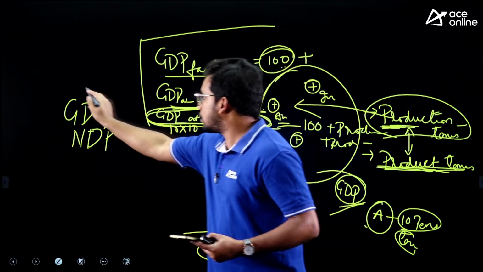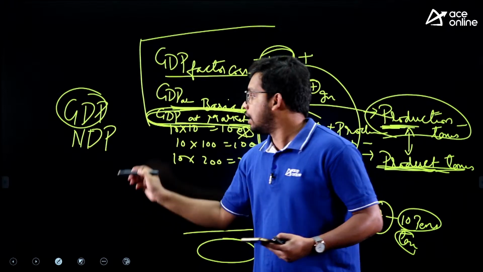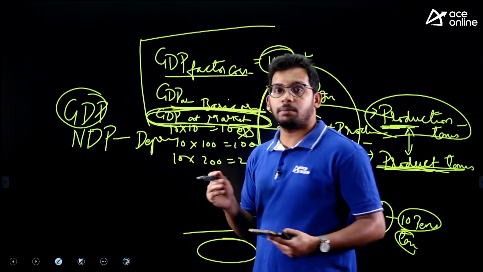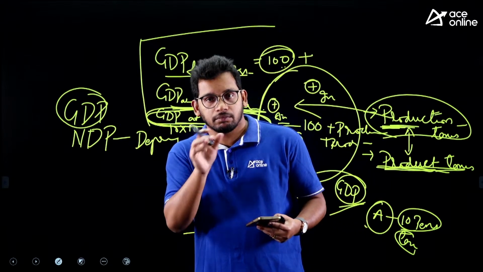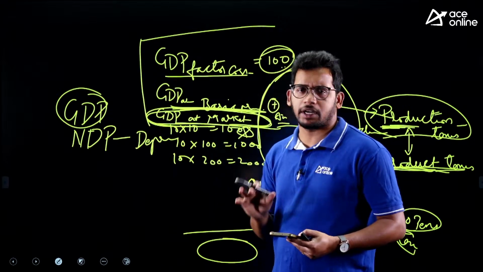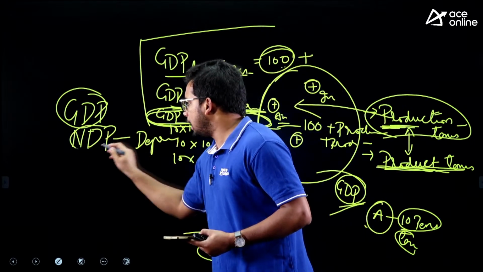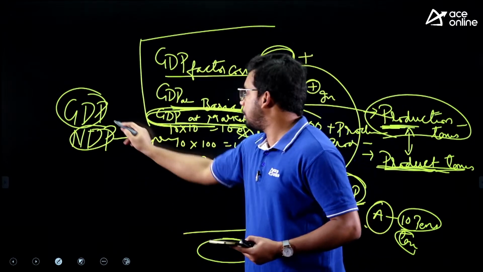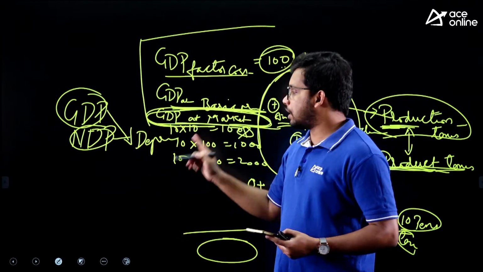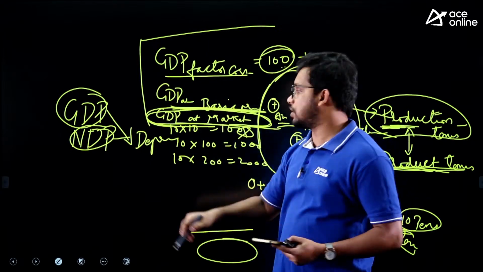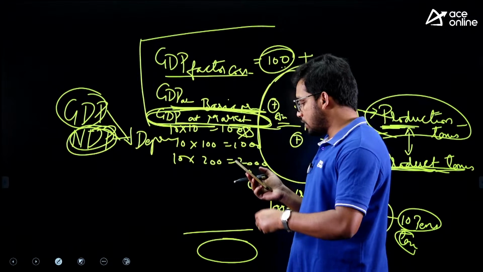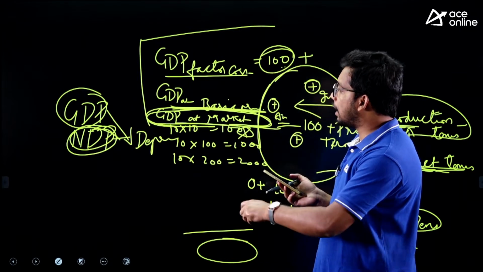So in the total GDP of next year, I remove the depreciation. Depreciation means the used value, the reduction in quality of that particular machine. So NDP is equal to GDP minus depreciation. If you subtract the depreciation of goods which were already produced last year, we get the net domestic product. So this is all about GDP and NDP.